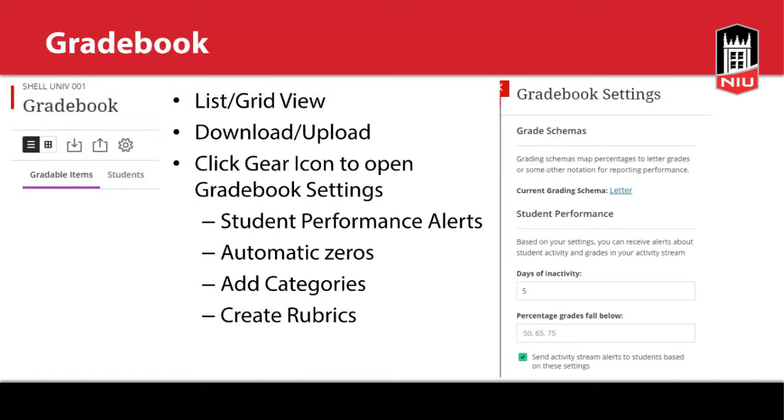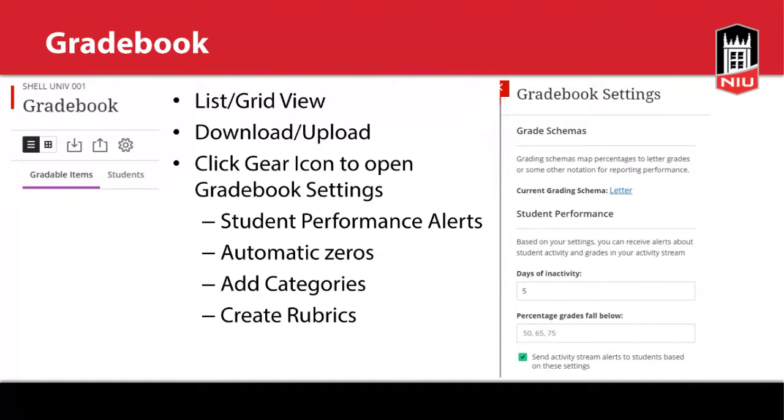All right, so the gradebook has changed. Although it still operates the same way, it's just a little different. In the Ultra course view, you have a couple of different options. One of the new features in the Ultra course view with the gradebook is that you can switch from either a list view or a grid view.